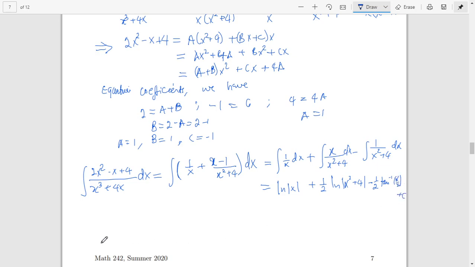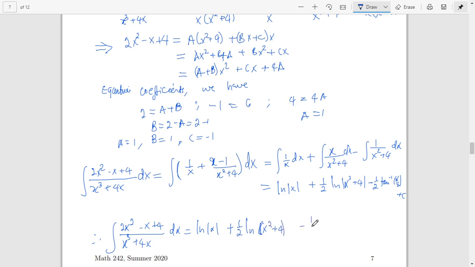constant c. So in conclusion, my integral that I had earlier, which is this, is equal to whatever I get after carrying out my partial fraction decomposition. S squared plus 4 is actually positive for all x, so we don't need absolute value here.